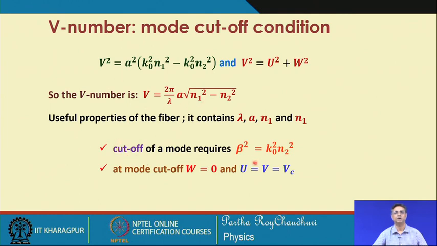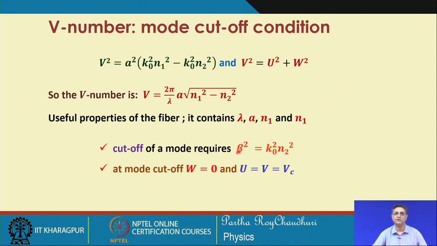Cutoff of a mode requires that, as we have seen, for modes to be guided in the structure, the value of beta should be between k 0 n 2 and k 0 n 1. The maximum value of beta is k 0 n 1, it should practically be less than k 0 n 1, and the minimum value should be slightly more than k 0 n 2.